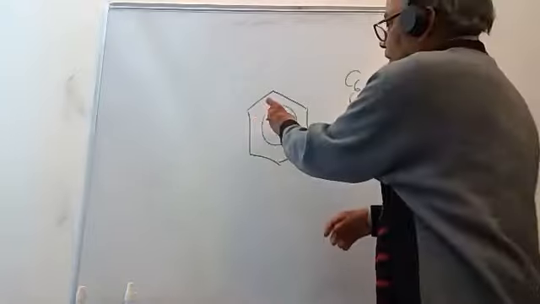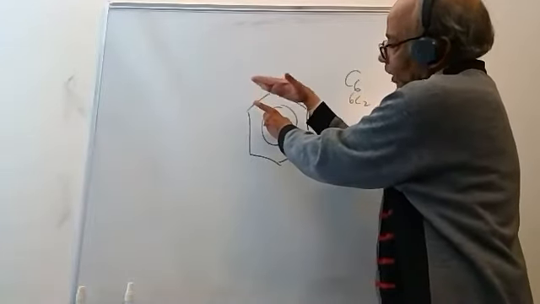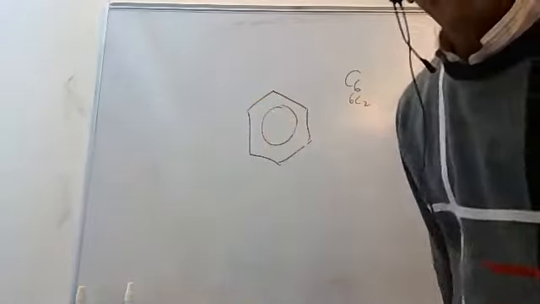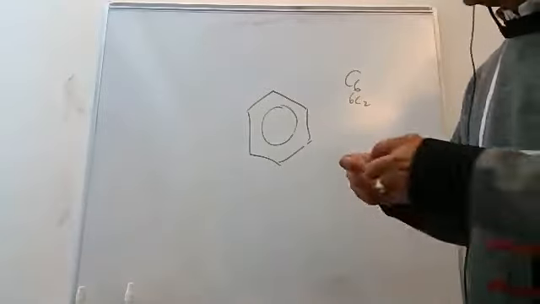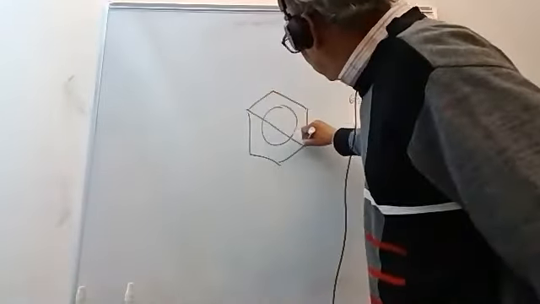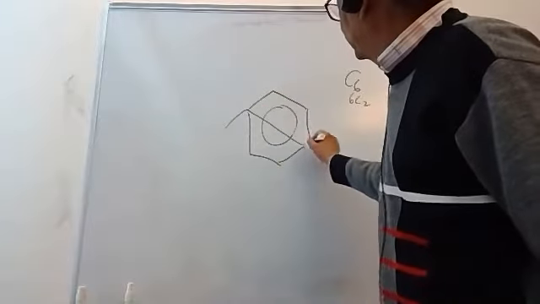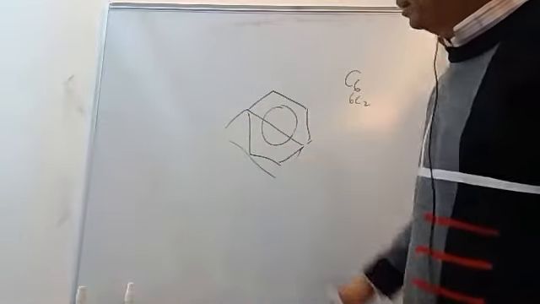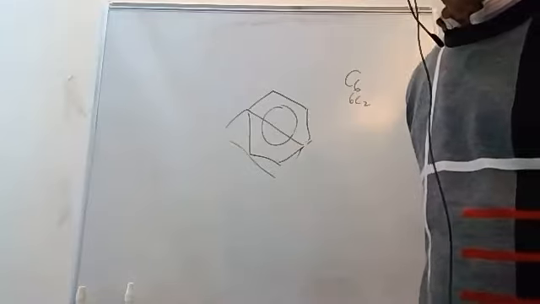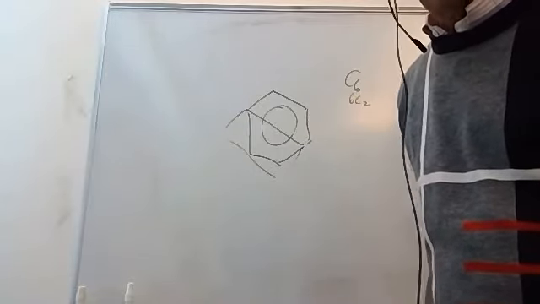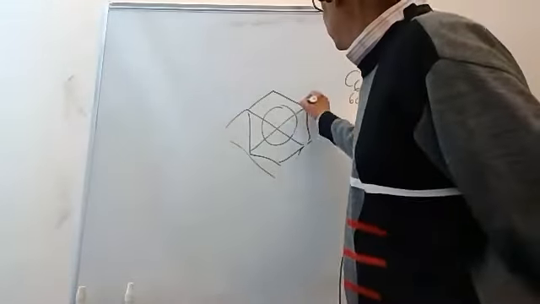Because C6 is here, right? And now we're talking about a plane that contains the C6. So that plane comes out like this, perpendicular to the board. That is a reflection plane. So you have 3 sigma V's. These two, and those 2.